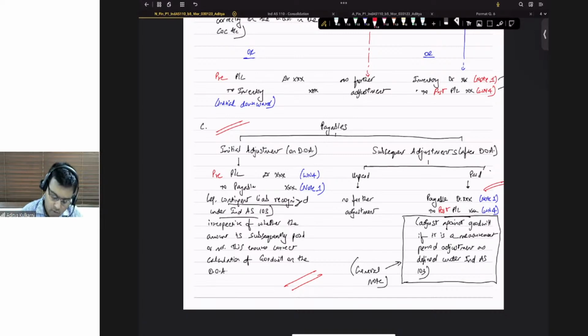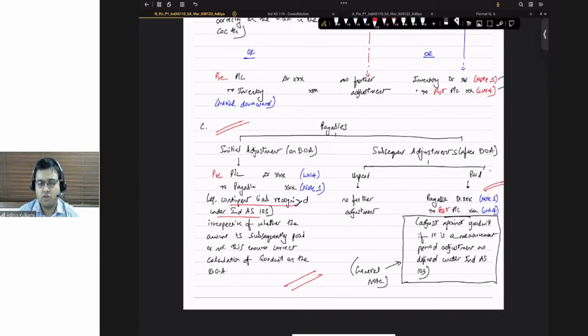So prepare an understanding of payables the same way we did for inventory. When I talk about payables, you can read up the contingent liability recognized in Ind AS 103, which we wrote towards the last session. You will be in a position to get this.